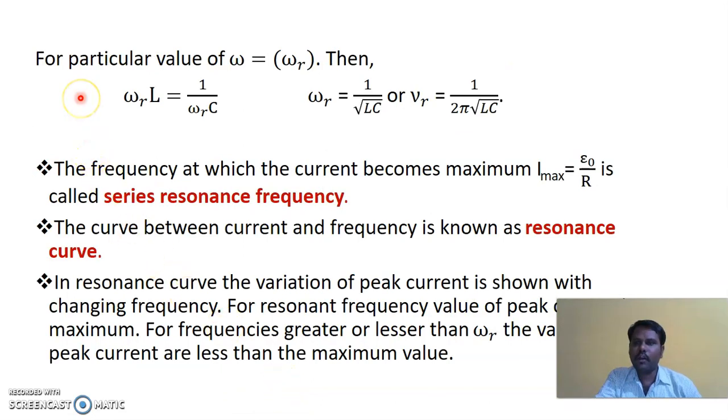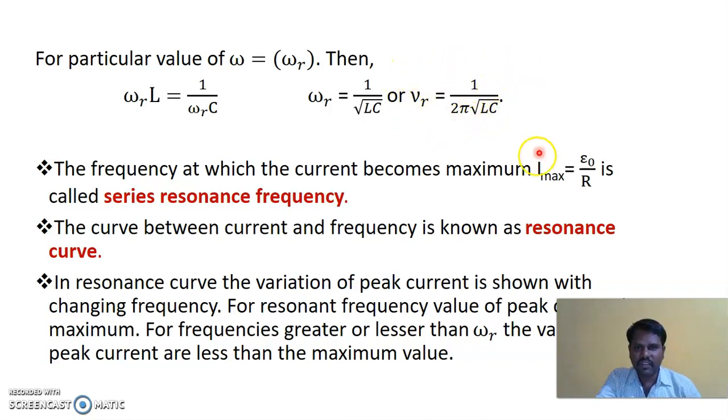For that particular omega, which is represented as omega R, the condition for series resonance is omega R L is equal to 1 over omega R C, and omega R becomes 1 over root LC, and the frequency is given by nu R is equal to 1 over 2 pi square root of LC.